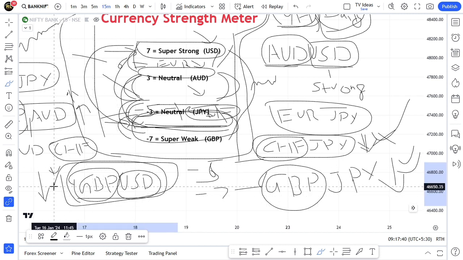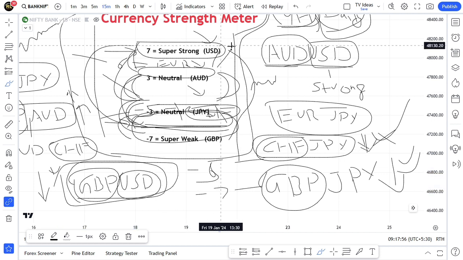If you think like that, then I want to give you one disclaimer. In this case, you have to be more accurate. You have to go to lower time frames, because super strong clubbed with super weak will give you less pullback.